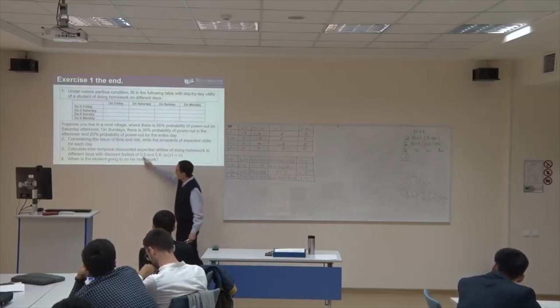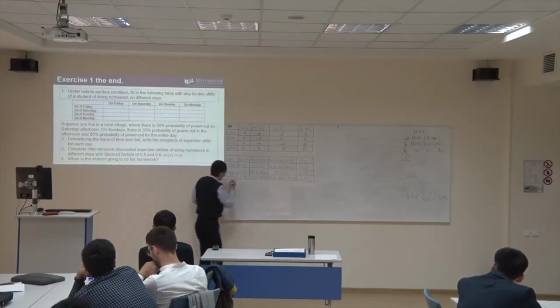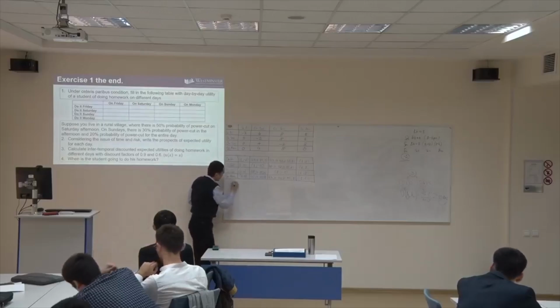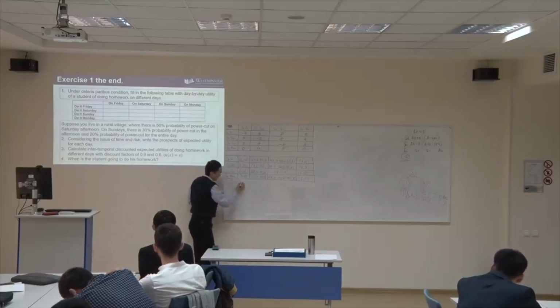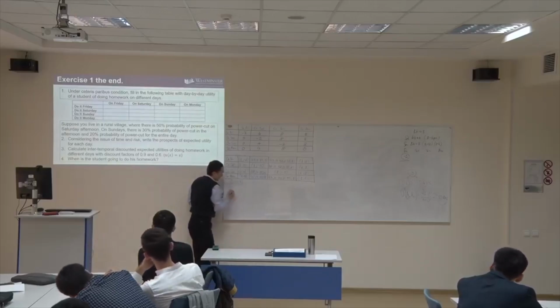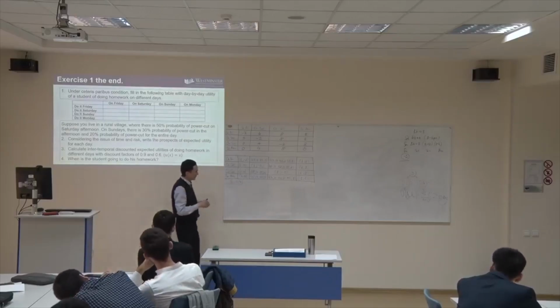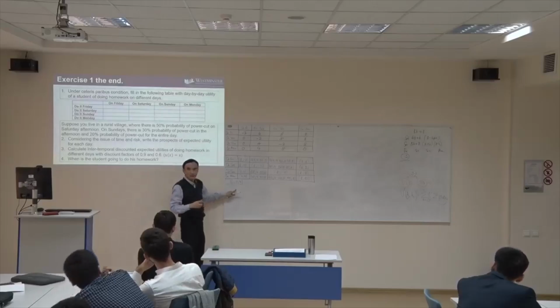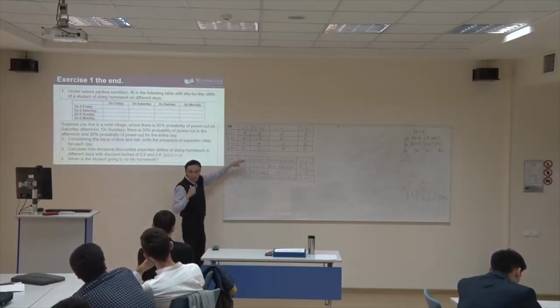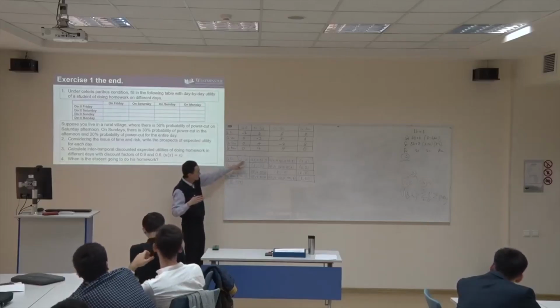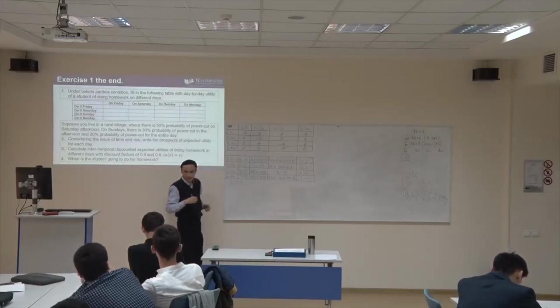So now we are considering 2 students with 2 patience levels. For the first one, the patience level of the student is 0.9. And now we are going to calculate these students' discounted expected utilities of doing homework on different days.